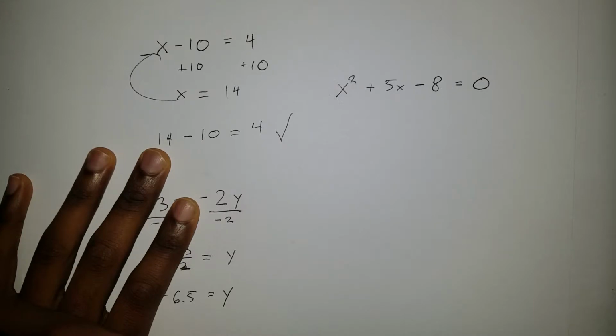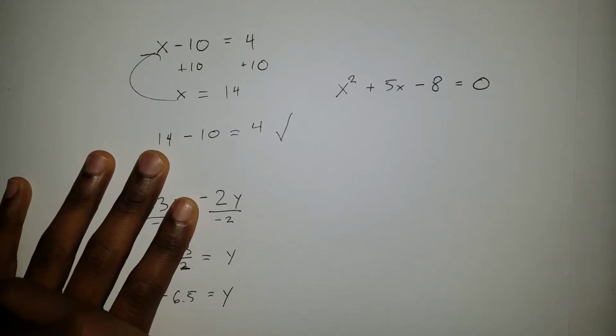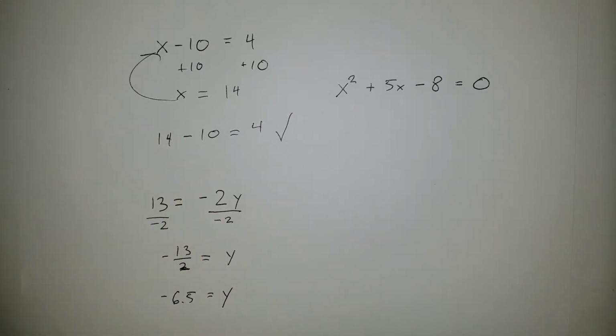Well, this is alluding to a future video, but just good to know, because using the rules we've learned, we can actually solve this. We'll just use a different method. There's this thing called factoring, and with this equation, we're not exactly able to do that yet, so I'll explain factoring in a different video.